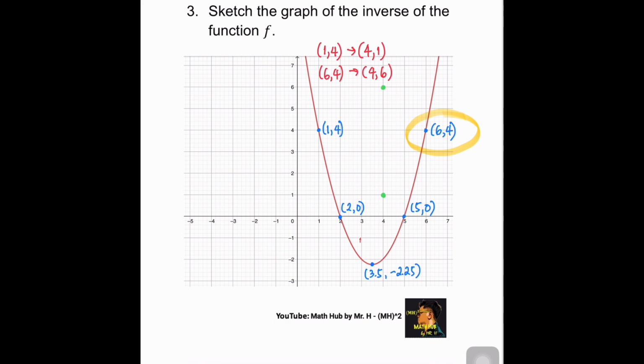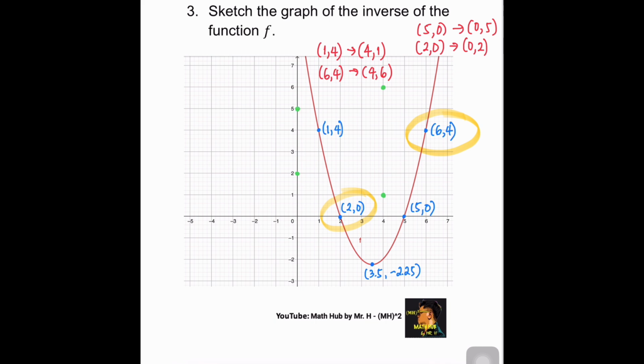The next point will be 2 comma 0, so 2 comma 0 will be at 0 comma 2. 0 comma 2 is here. The next point is at 5 comma 0, which will be at 0 comma 5. 0 comma 5 is here.